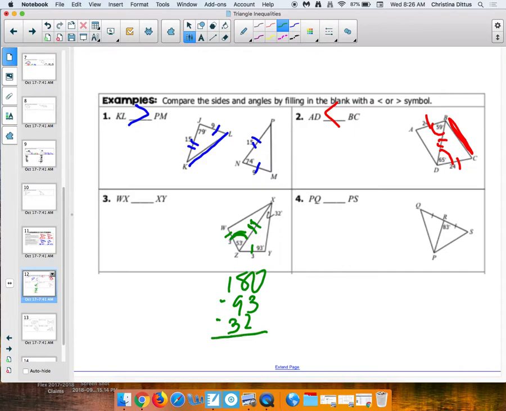What am I left with for that angle? Sixty-one. No, there's no way that's not 61. No. 180 minus 93. 55. 55?